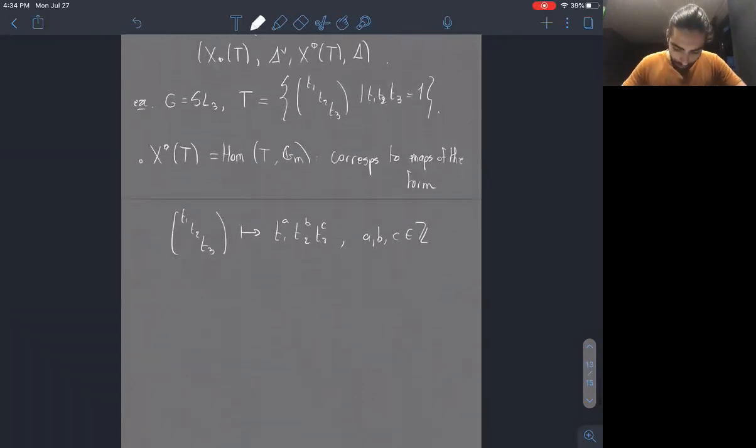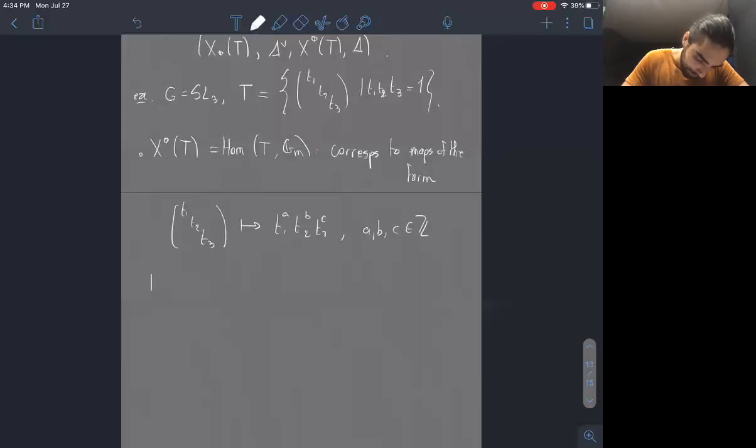And we have one more condition here. Because this product of t1, t2, t3 is required to be 1, this gives us a map by checking exponents.